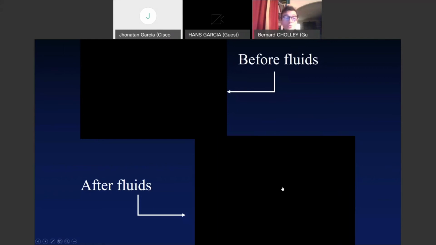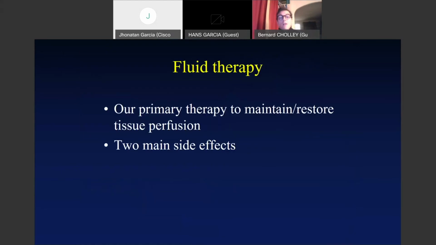When I try to improve tissue perfusion in my patient, I try to change the perfusion from what it looked like in the upper left quadrant into what it looks like in the lower right quadrant. And not only under the tongue, of course, but also in the brain, in the kidney, in the liver of my patient, wherever it's important.